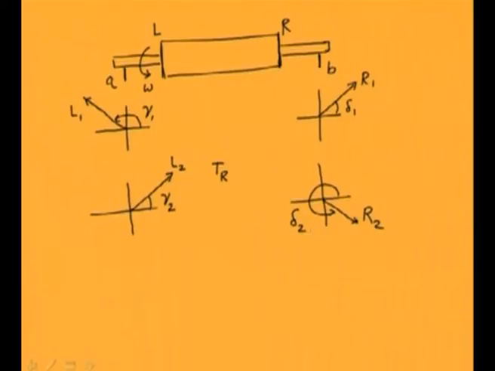Now if we draw the response due to the residual unbalance here itself, this vector, which is the difference between the present one and the previous one, is the effect of the trial mass which we are keeping in the right-hand side, on the left bearing.